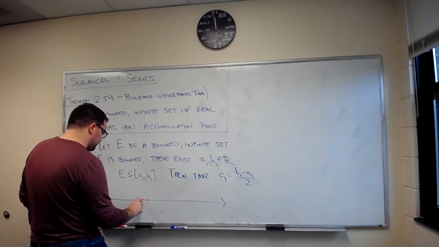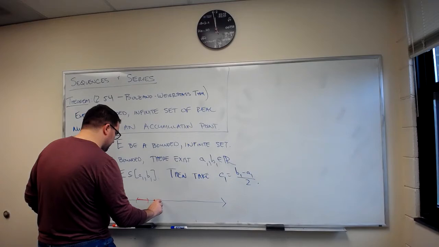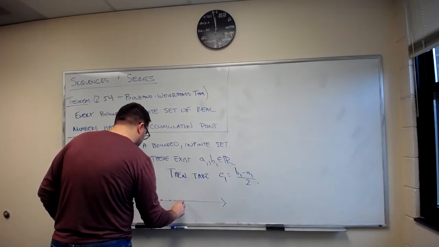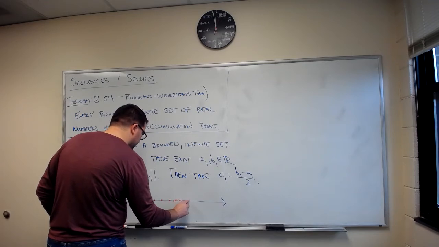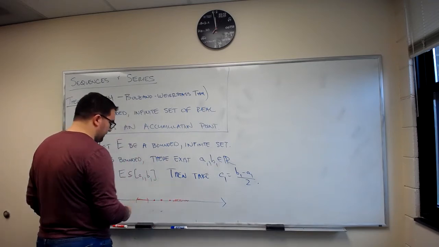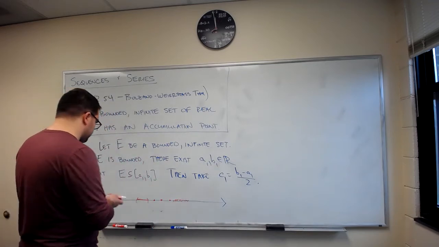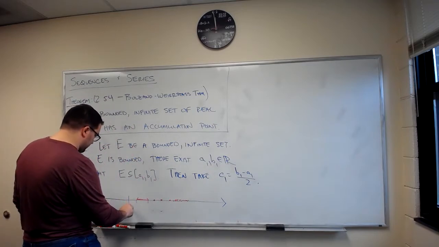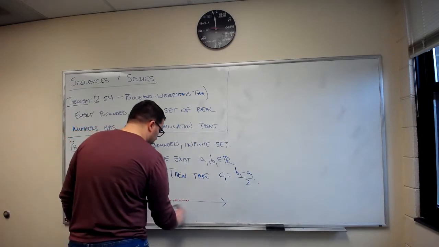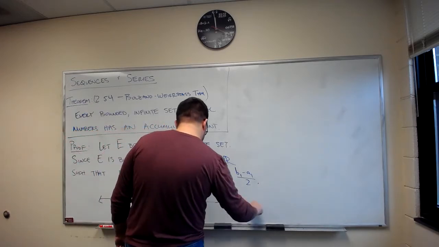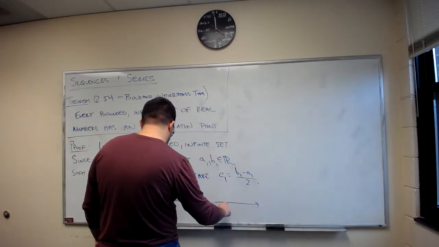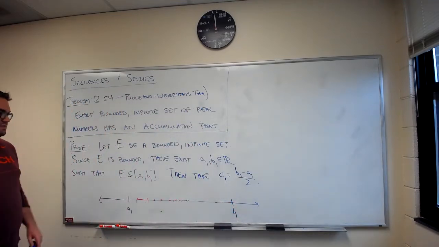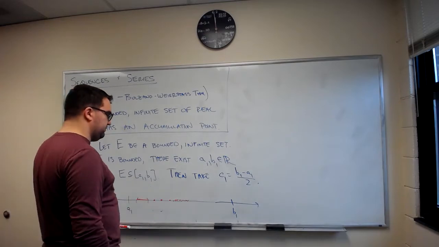Maybe it contains a small open interval, and then, I don't know, three more points here, and then maybe a dense set of points here. It could have all sorts of things. And I've chosen my points a_1 and b_1, and maybe just to be a little ridiculous, I chose a_1 here, and maybe I chose b_1 over here. And now I'm going to define c_1 to be the midpoint of these two.